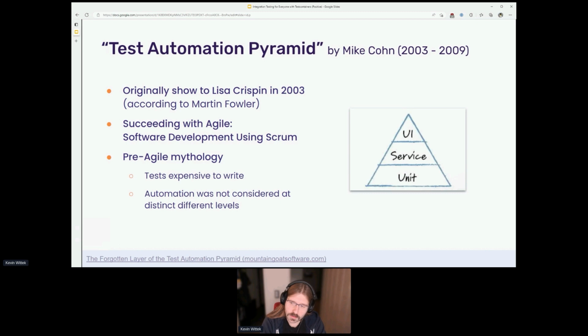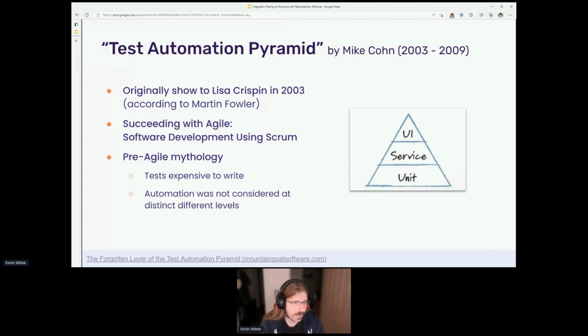And this is already looking like this unit testing pyramid we might have in mind. So we have at the bottom the unit test, and in the middle we have something called service, and we have the UI test.